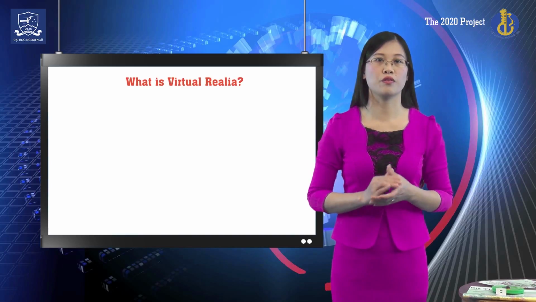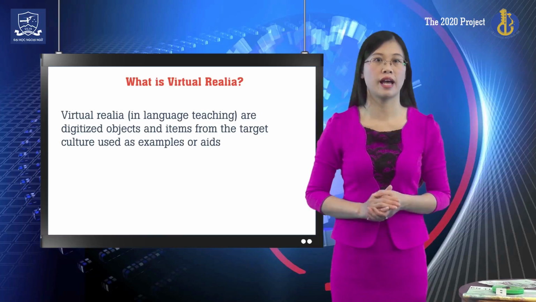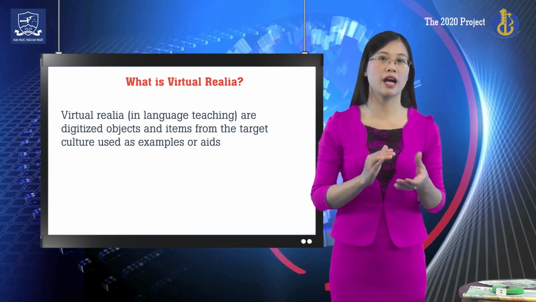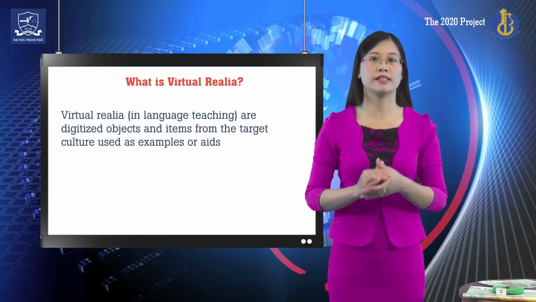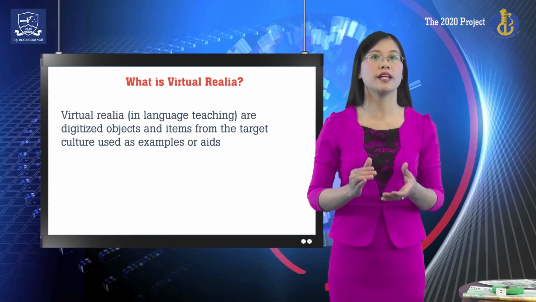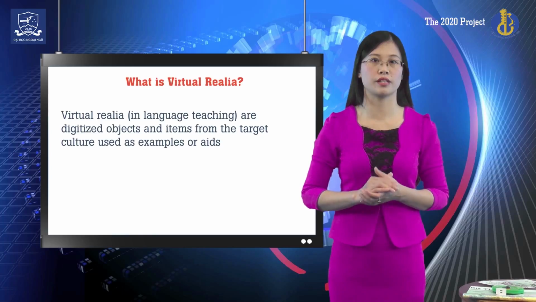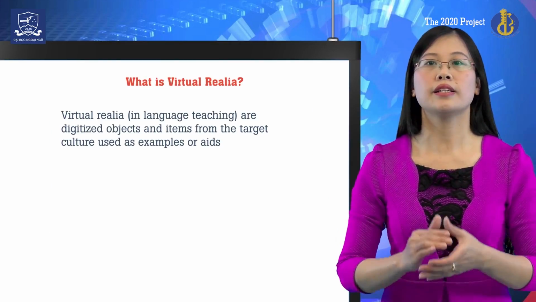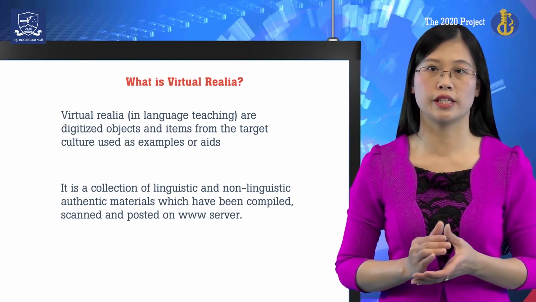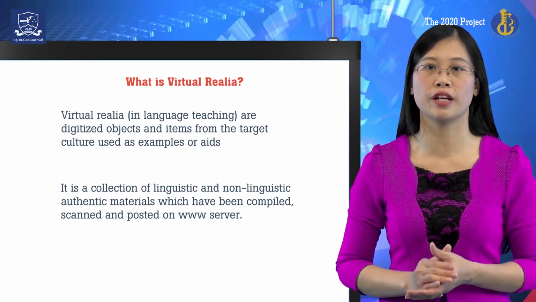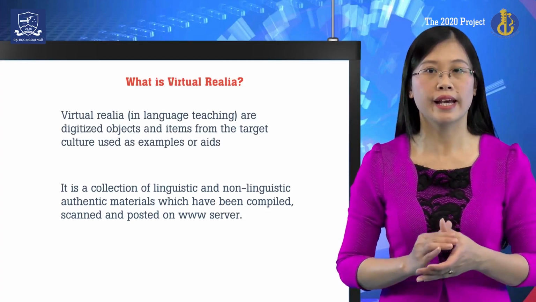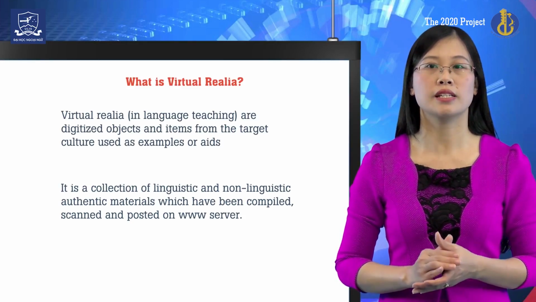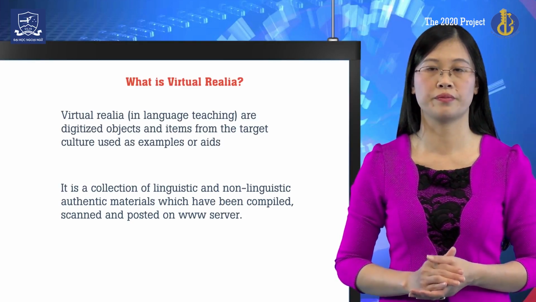Virtual realia refers to digitized objects and items from the target culture which are brought into the classroom as examples or aids in the teaching and learning process. It is a collection of linguistic and non-linguistic authentic materials which have been compiled, scanned, and posted on www server.